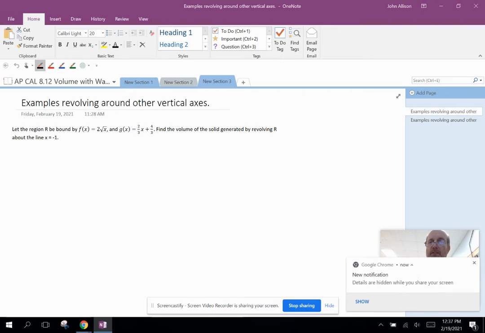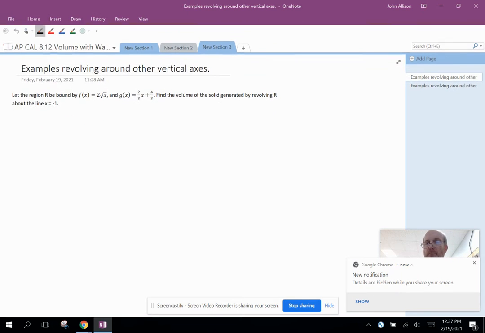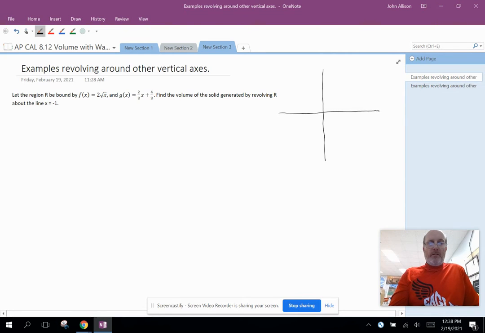And as always, we will start by graphing this region. The curve 2 square roots of x is going to look like that. And the line g of x equals 2/3 x plus 4/3 is going to look like that.